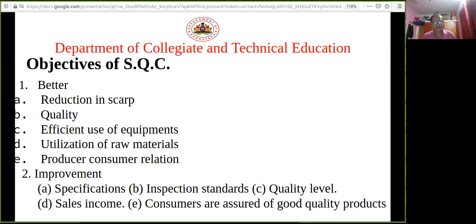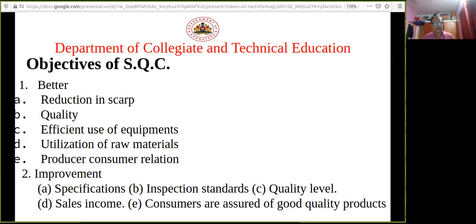That's why we obtain a better relationship between the customer and the producers. So those are the 5 points, the objectives of SQC.